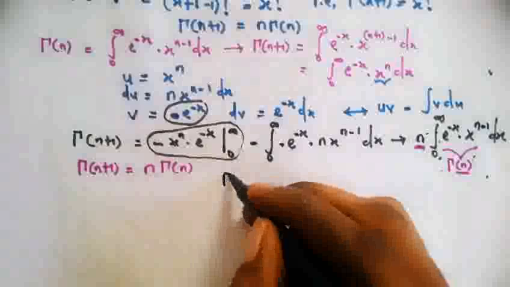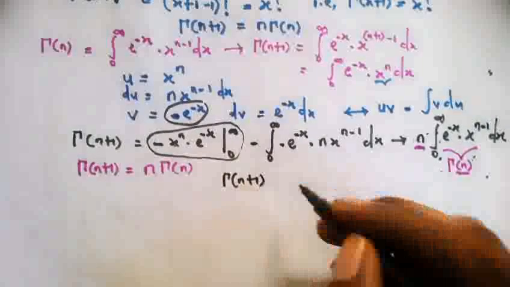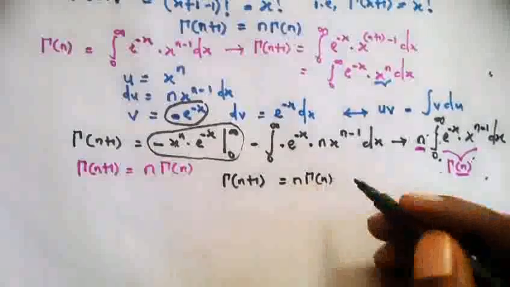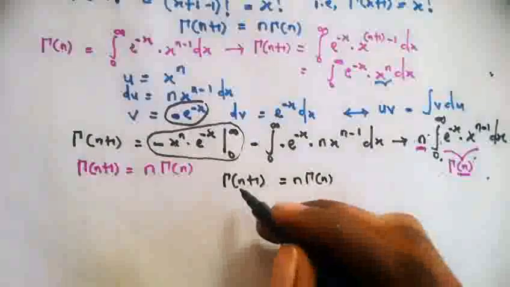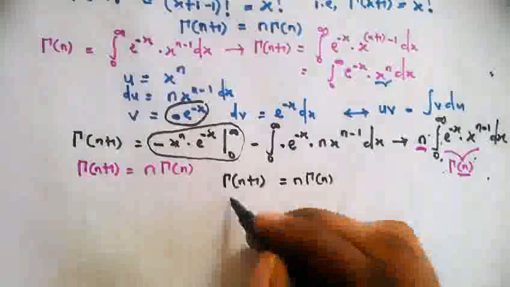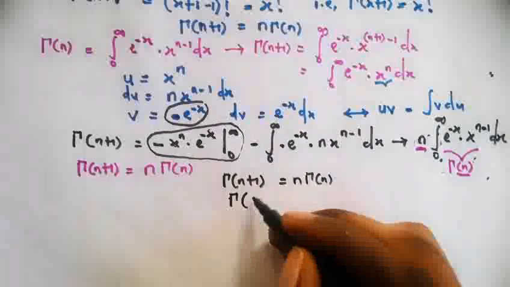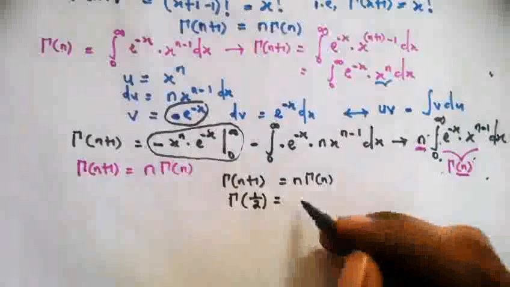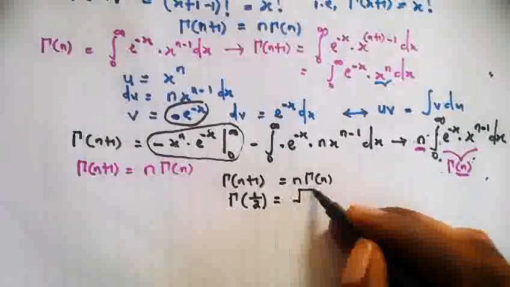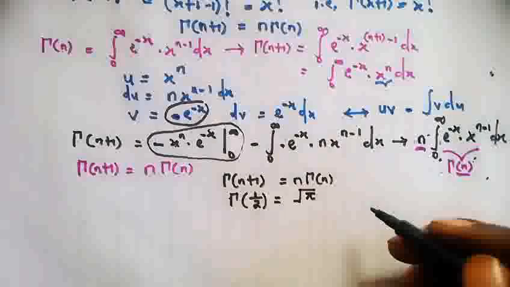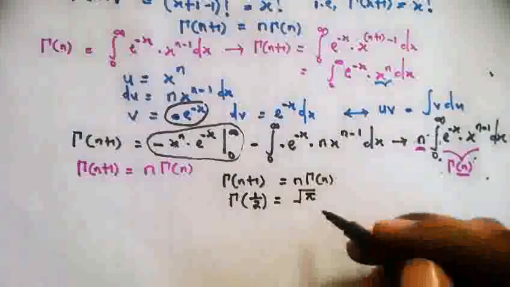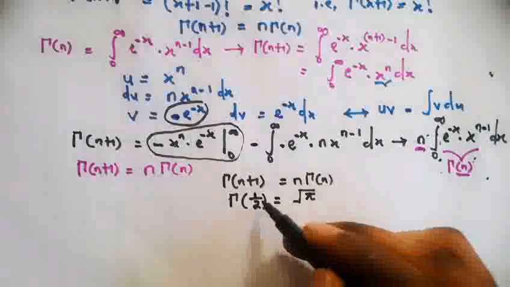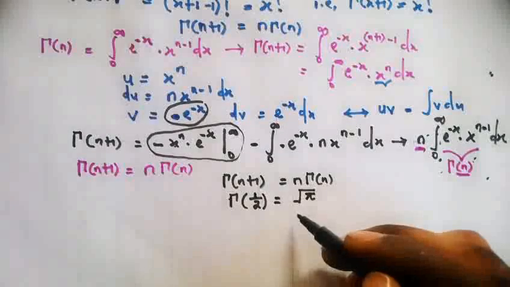As we have gotten that the gamma of n plus 1 is equal to n times the gamma of n, we also have another property, very nice, that the gamma of 1 over 2 is equal to square root of pi. Okay, we don't need to forget this, so always bear this at the back of your mind, that the gamma of 1 over 2 is square root of pi.